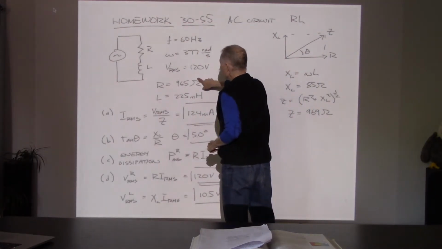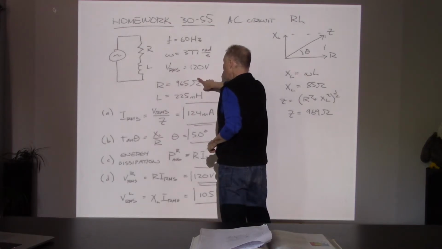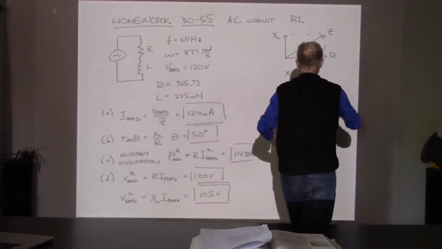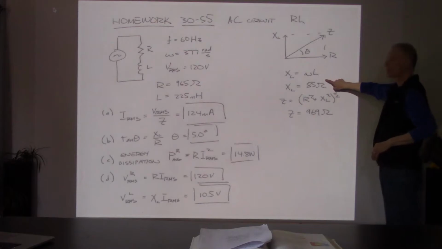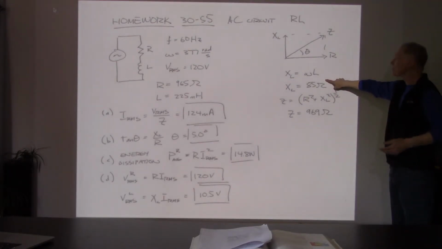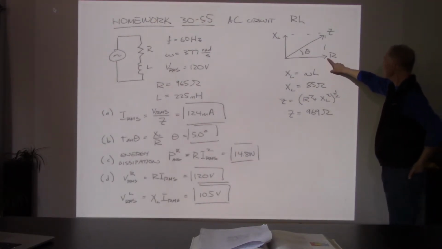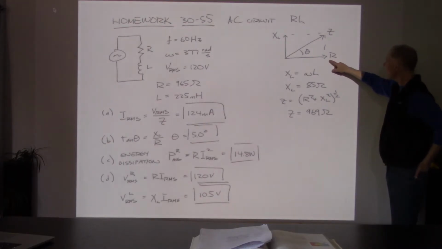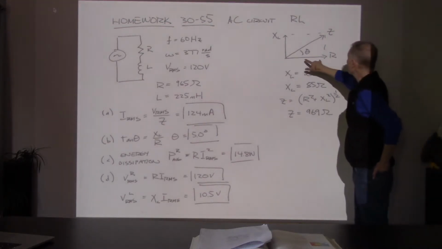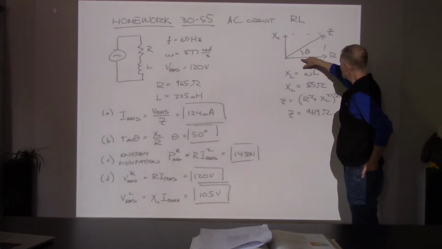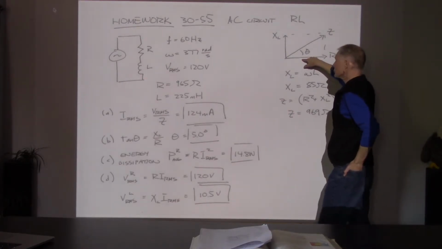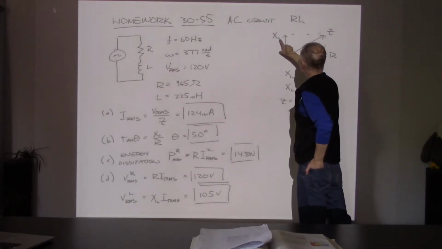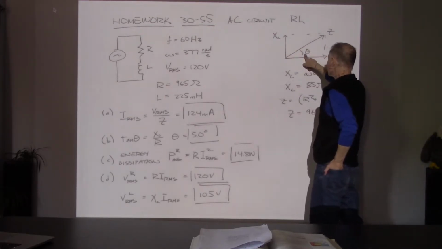We've got relatively a lot of resistance in the resistor compared with the reactance in the inductor. And that means if we draw this diagram to scale, which I haven't, this side would need to be 10 or 11 times longer than this side. And that angle is going to be really small.